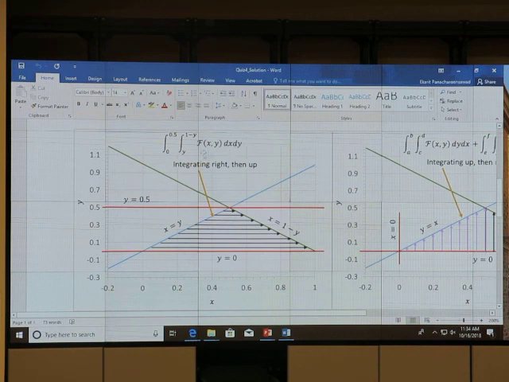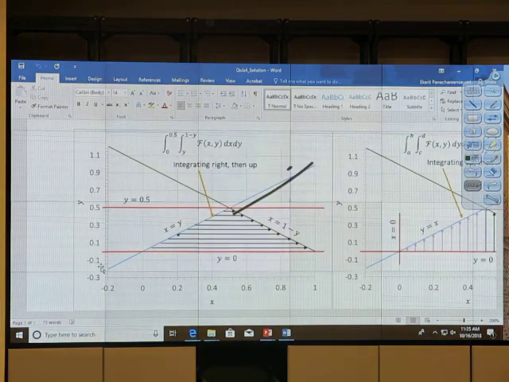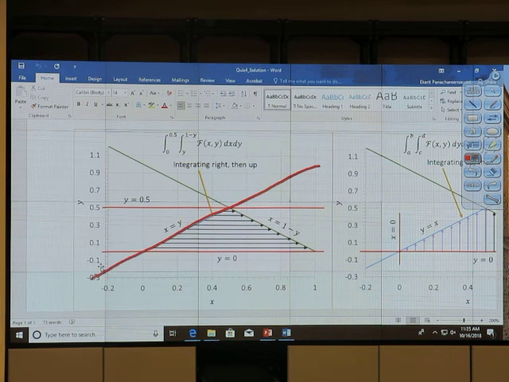First is x equal to y, and then x equal to 1 minus y. x equal to y is that blue line. You see that blue line? That is x equal to y.